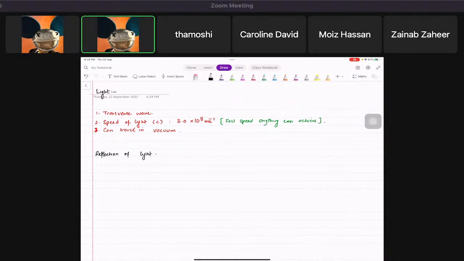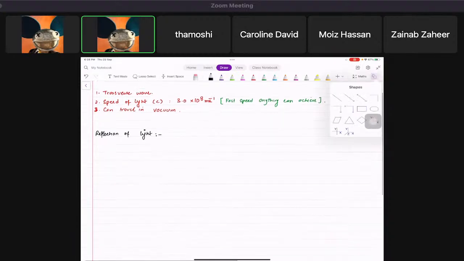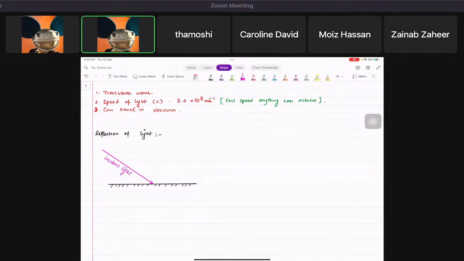So first of all, let's look at generally what happens when reflection happens. If this is a plane surface, the incident light comes here, and when the incident light strikes a point, do you guys know what we do first?